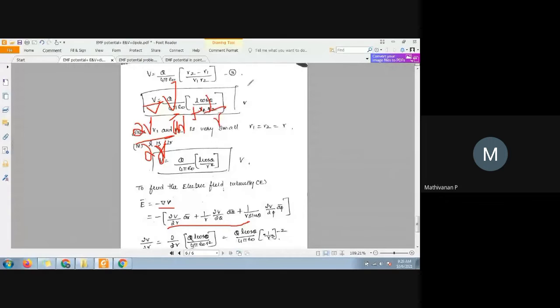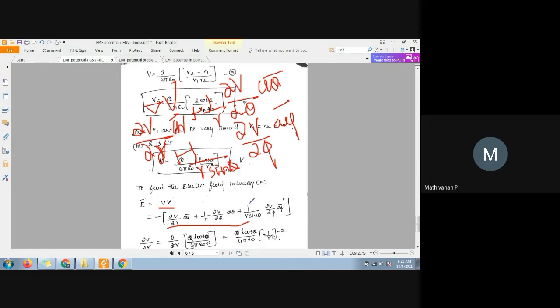R is included with theta because the angle theta is formed with respect to R. Plus 1 by R sin theta dou V by dou phi A phi vector.